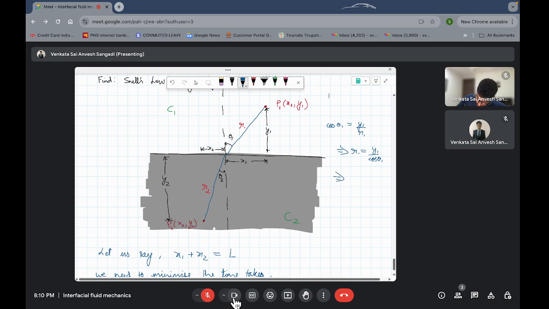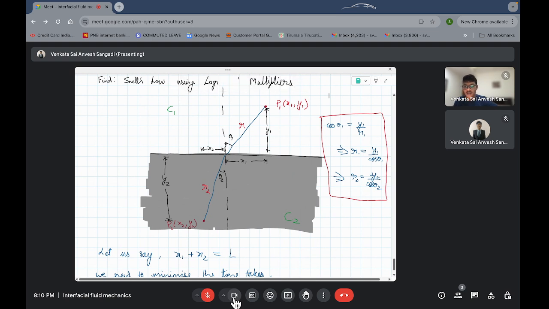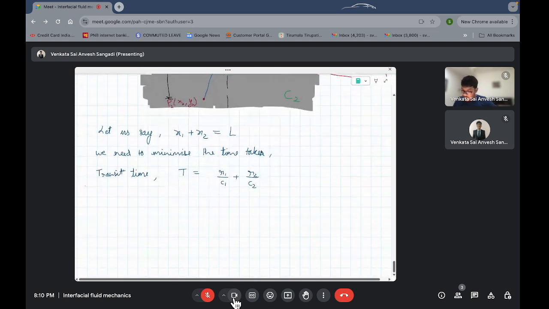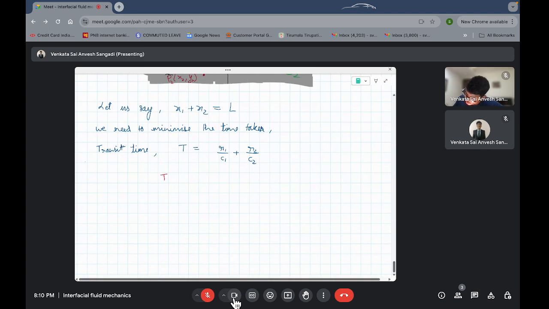Similarly, we will have r2 is equal to y2 by cos theta 2. Simple trigonometry, we'll get this. So if we replace, we have t is equal to y1 by (c1 cos theta 1) plus y2 by (c2 cos theta 2).